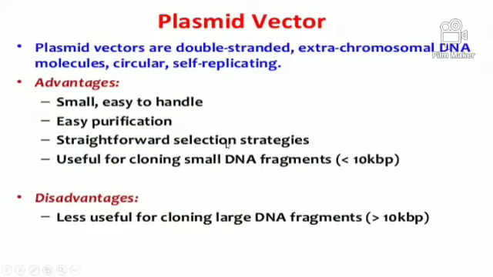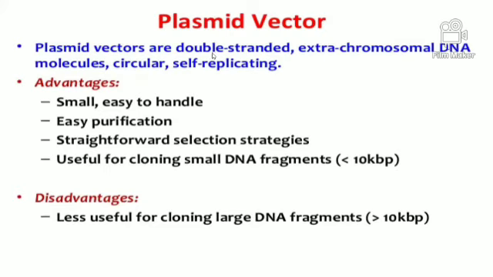The second one is the plasmid vector. Plasmid vectors are double-stranded extra chromosomal DNA molecules, circular and self-replicating.